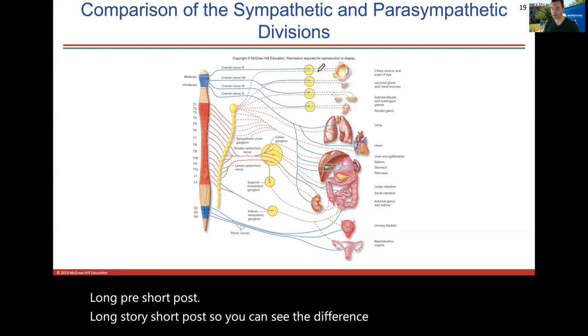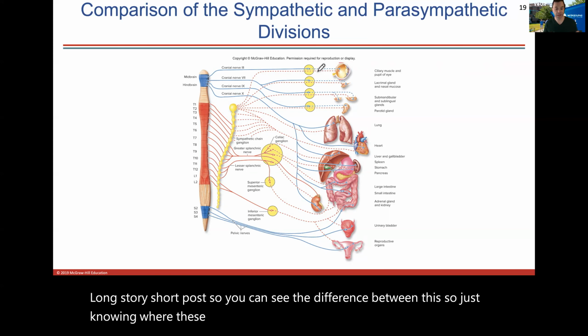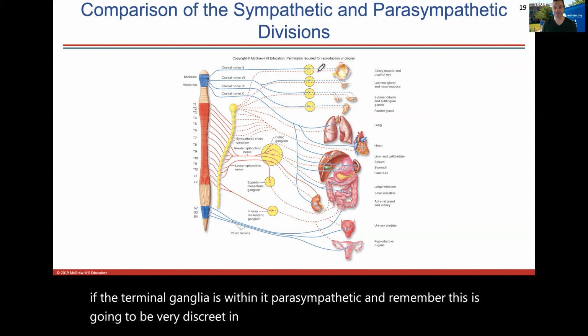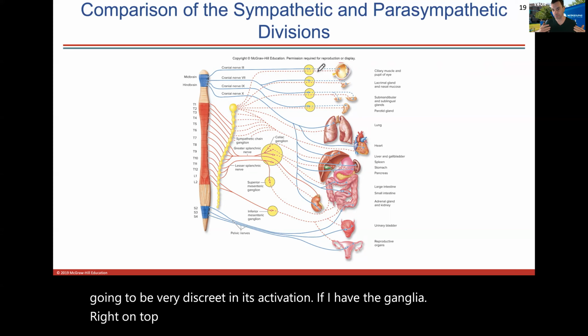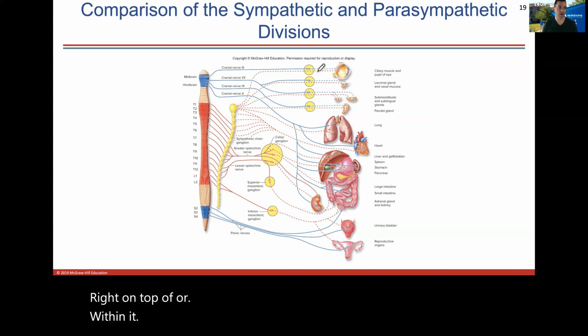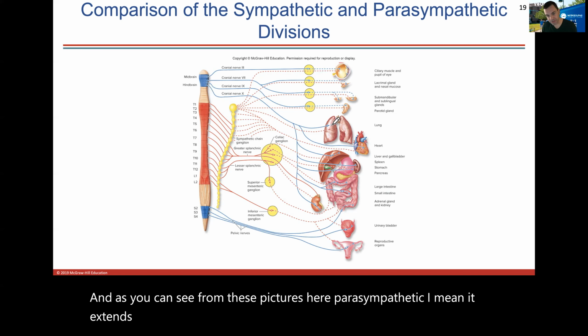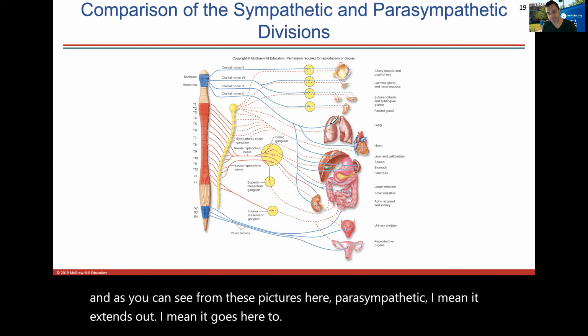So just knowing where these ganglia are located allows you to figure out if the terminal ganglia is within it, parasympathetic. And remember, this is going to be very discrete in its activation. If I have the ganglia right on top of or within it, then you know I'm only turning on that individual effector. And as you can see from these pictures here, parasympathetic, when it extends out, it goes here and it goes right to there.